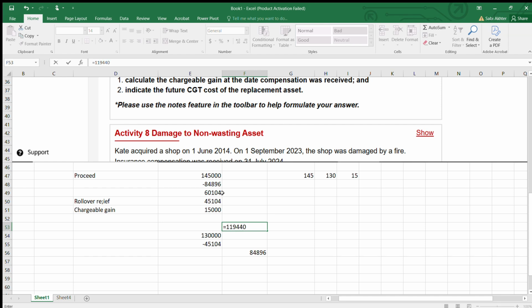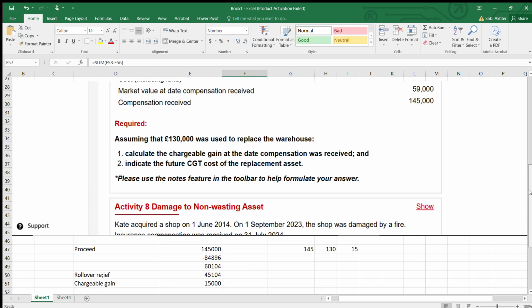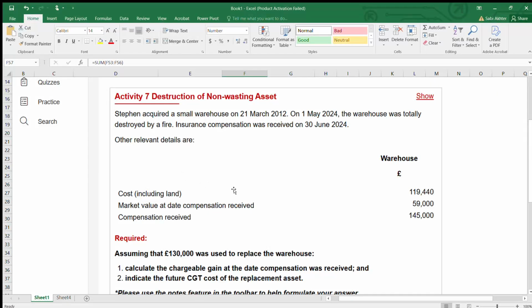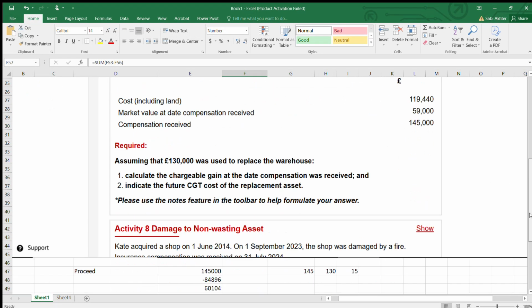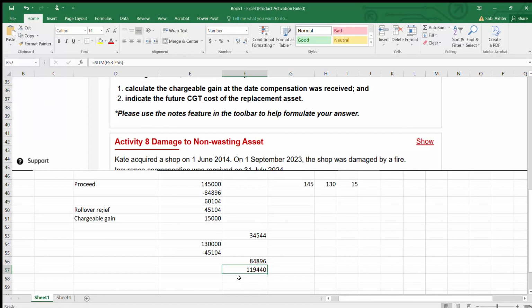This includes the cost of the building also, minus this. So these two, if you add, this is the cost of the land, this is the cost of the building. You see, this is equal to your cost of your original warehouse, 119,440. So your future cost of your replacement building is the same as your original cost of the warehouse.